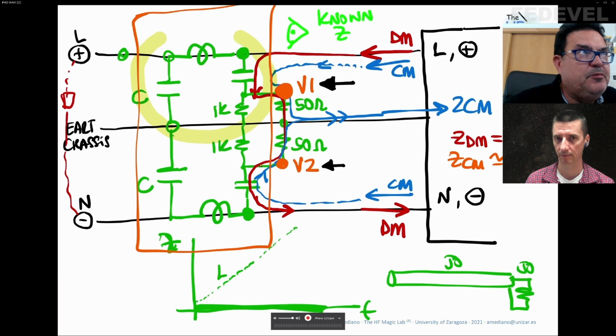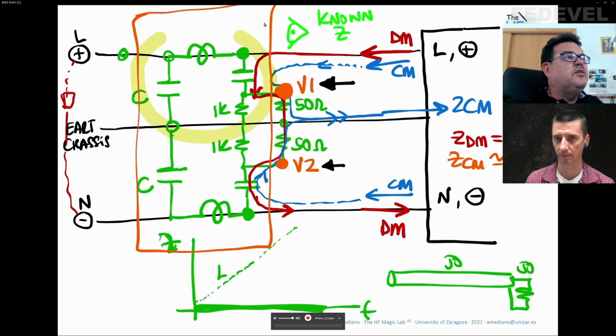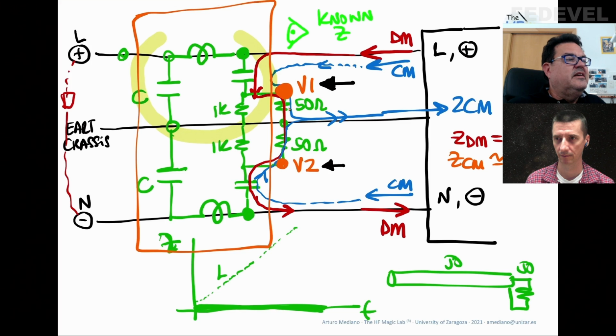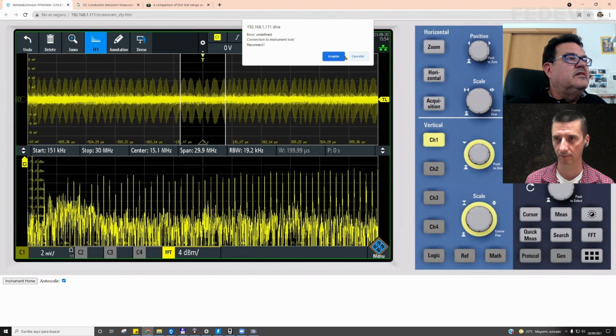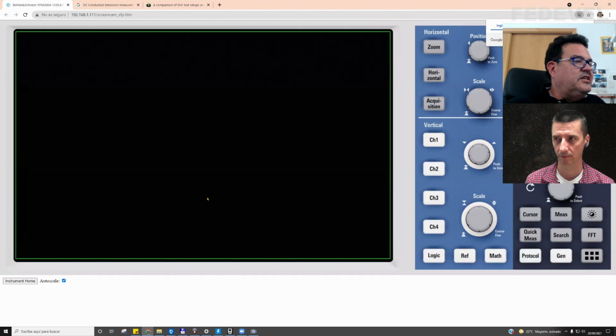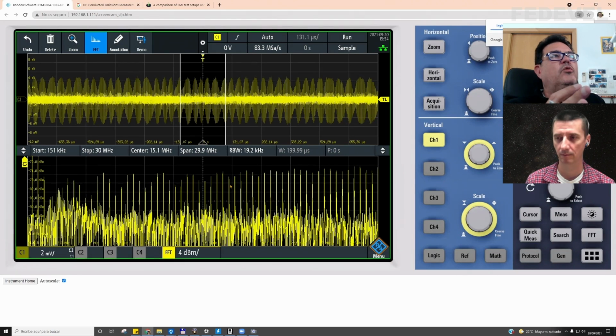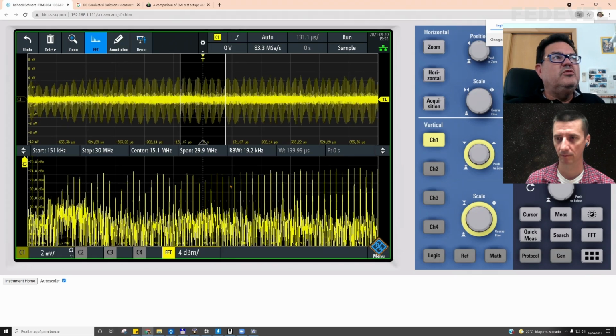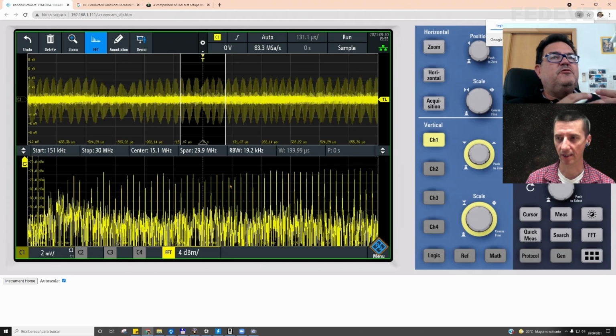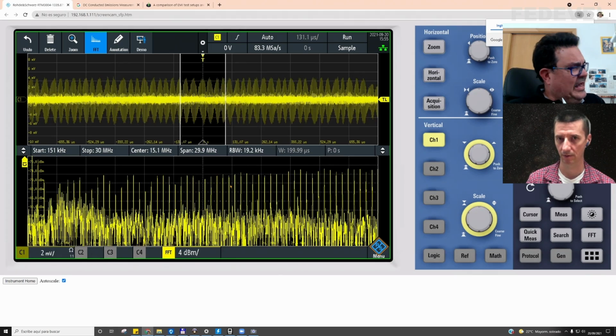What is important from this picture is that what you see on the screen of the oscilloscope is both modes at the same time, common mode and differential mode. It's a combination of different noises. Exactly.